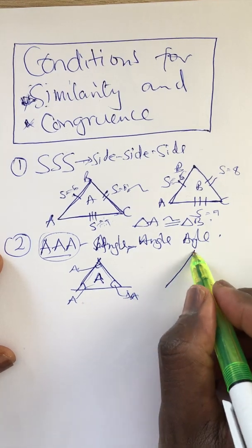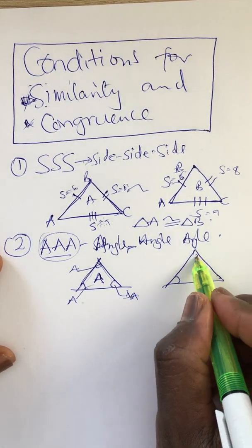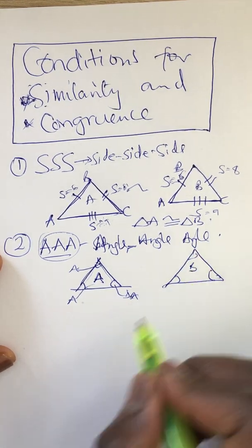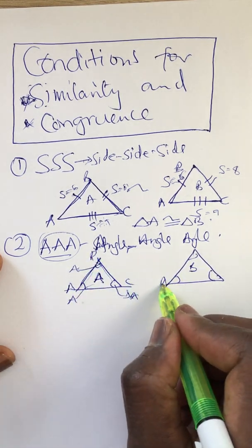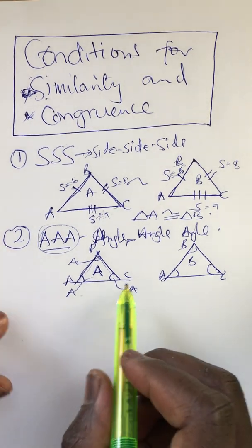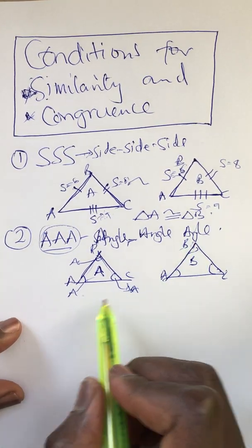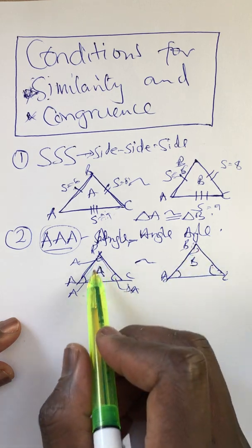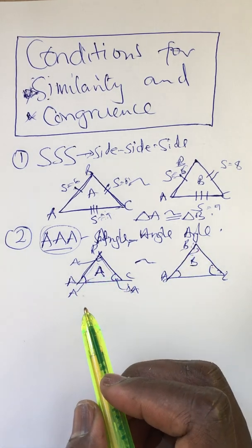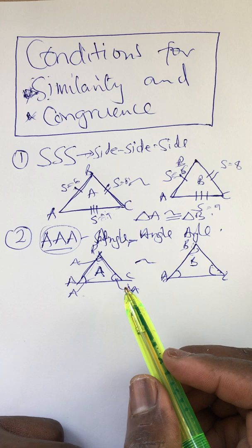Now, if you have a similar triangle with three angles like that, let's say this is triangle B with vertices A, B, C, A, B, C, then we say these triangles are in fact similar, because all of them have three angles. And the orientation of the angles matters in this case.